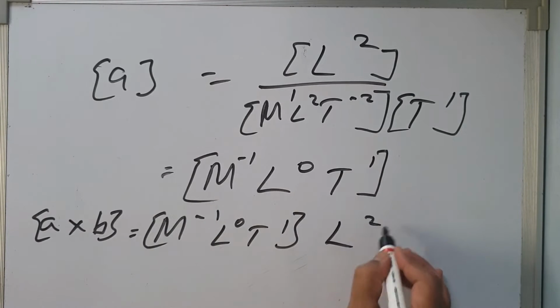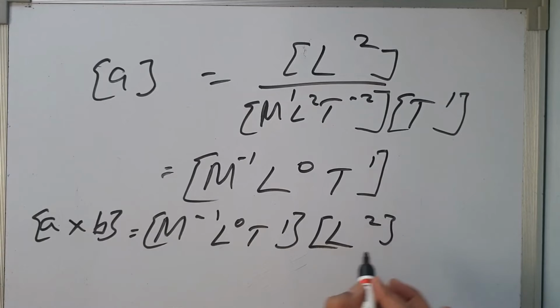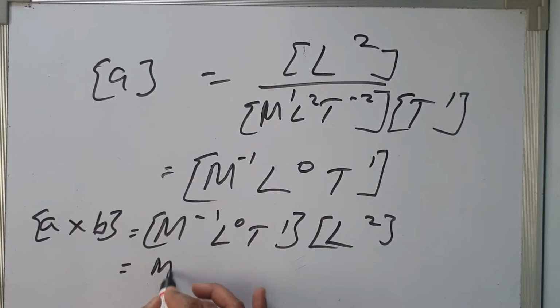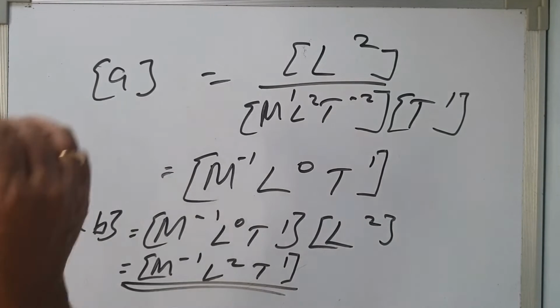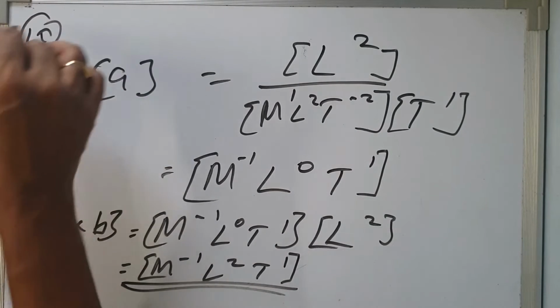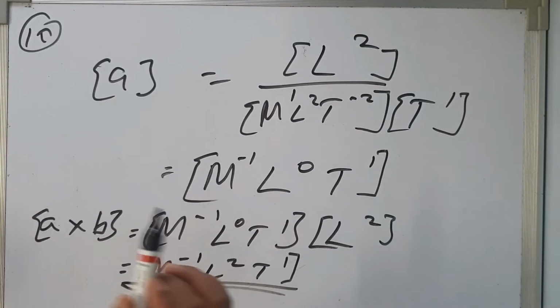B we already got, L squared. So what do we get here? M minus 1 L2 T1. We got the answer. This is of which one? Question number 10 in the homework which I had given you.